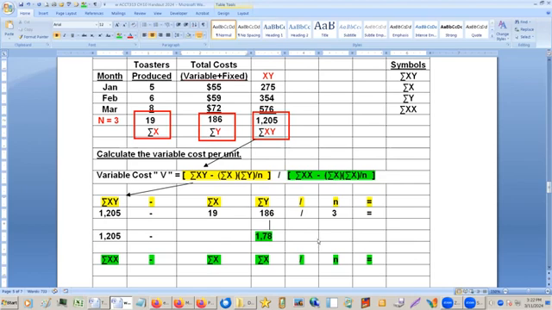Okay, so this will be 1205 minus 178, and this will equal our top part of our equation. 27?